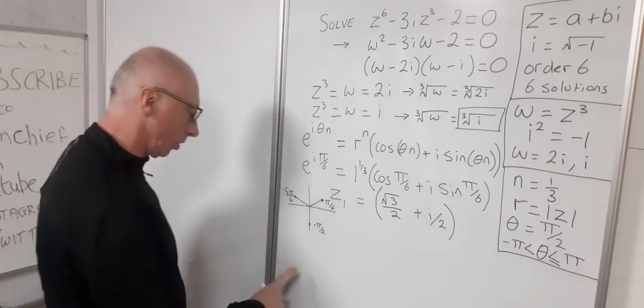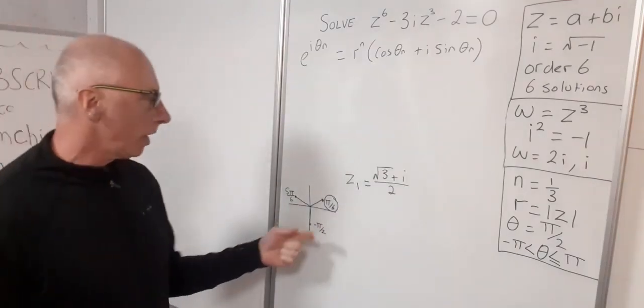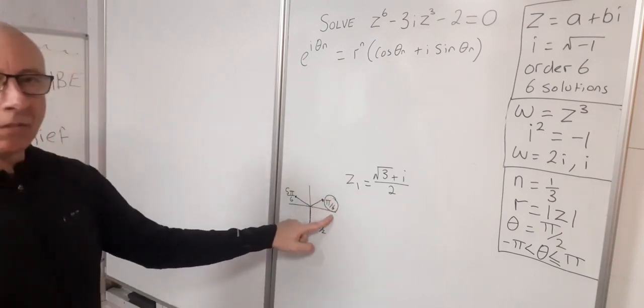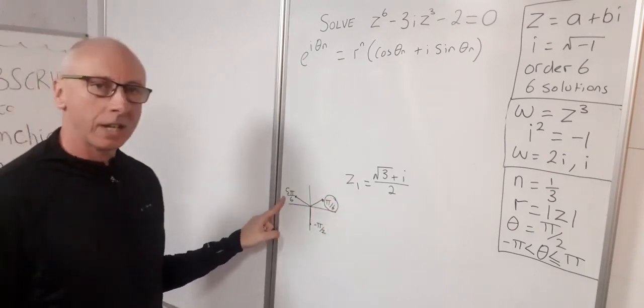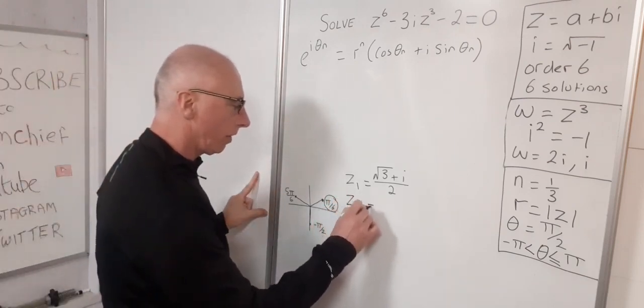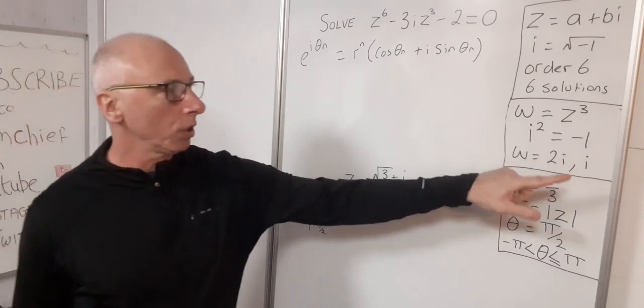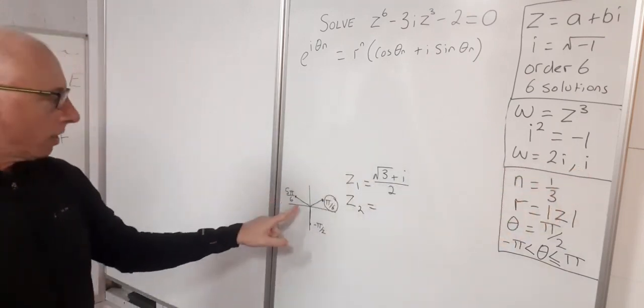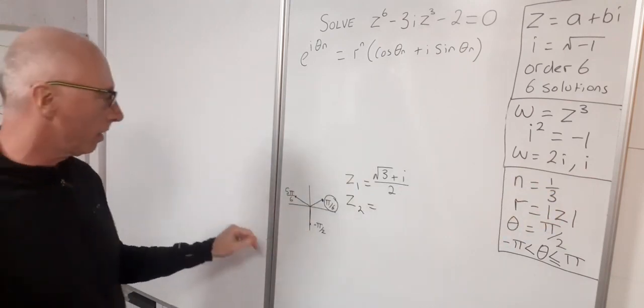Okay, let's take this off the board. Now I've got z1 is root 3 plus i over 2, for pi over 6. Now let's have a look at 5 pi over 6. That can be my second value, with modulus 1 for i. Now 5 pi over 6 is reflected in the real axis.